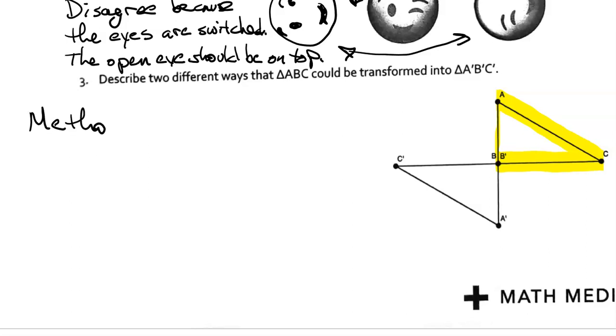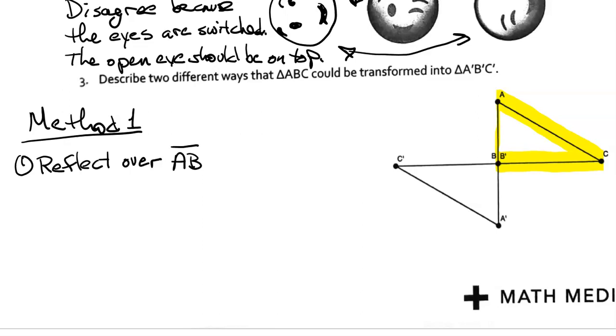So one way we could do it, method 1, we could reflect over segment AB. So notice the symbol on the top, this is a little preview of things to come, is a segment symbol. So segment AB, so we're talking about the segment that goes from A to B. So that segment there. So if we reflect it, then it's going to flip it over this way.